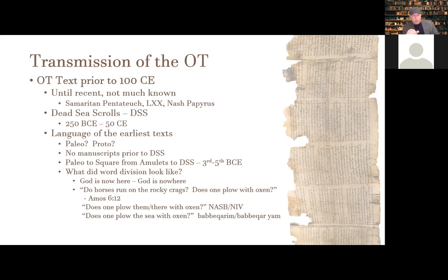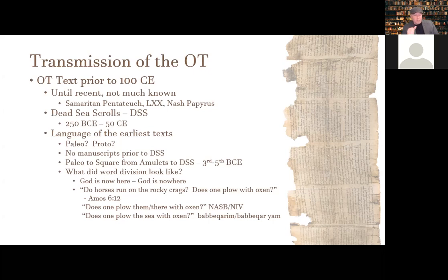So what do we know about the language of Hebrew from this era, from 100 CE and prior? What I mean by this question, I'm not even referring to the Dead Sea Scrolls. I'm talking about when we think about the language of Moses, when we think about the writings during the monarchies of Israel, when we think about those texts, what do we know about the language?